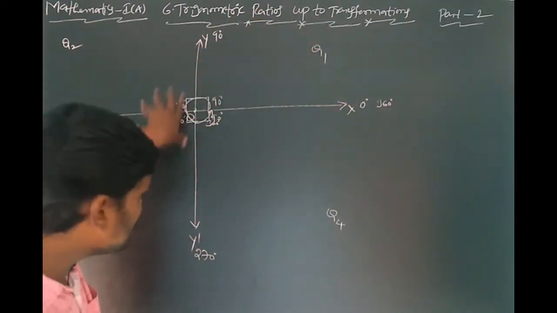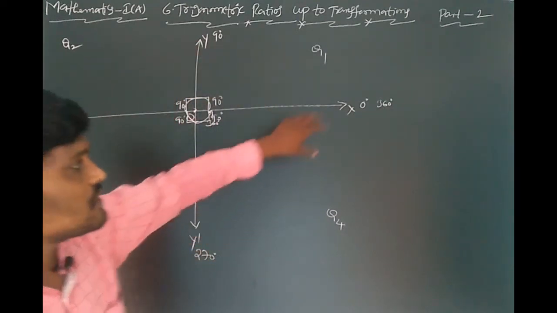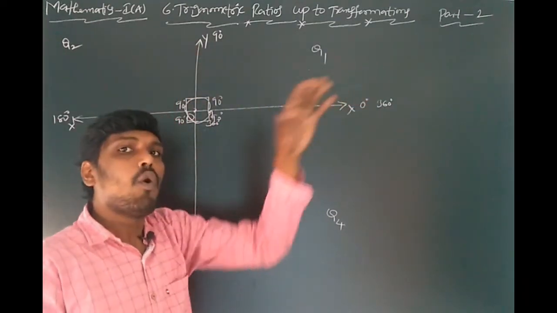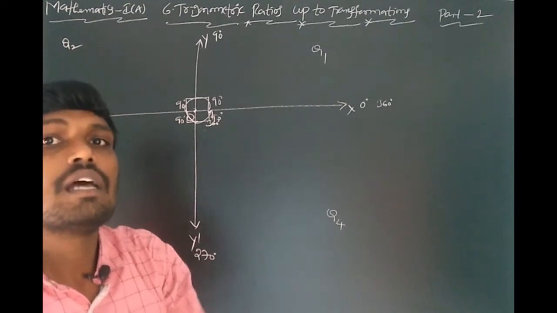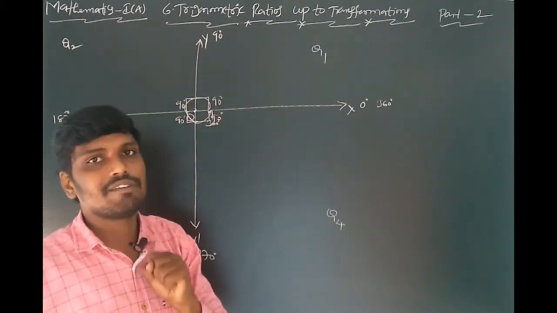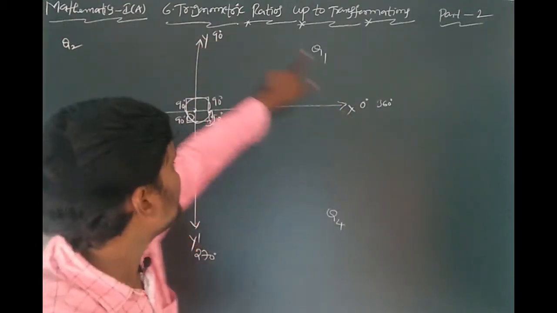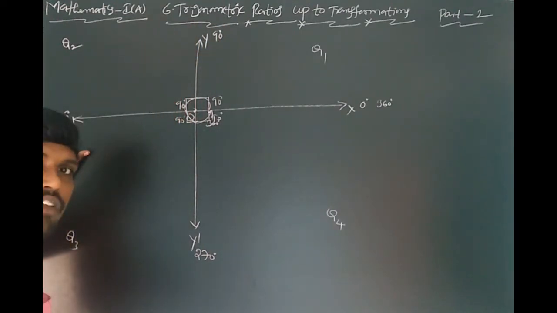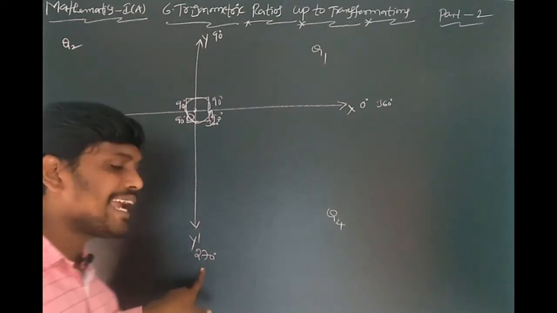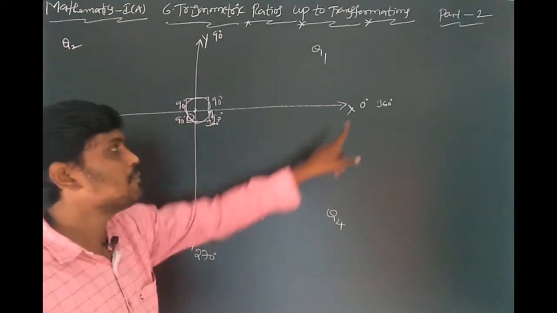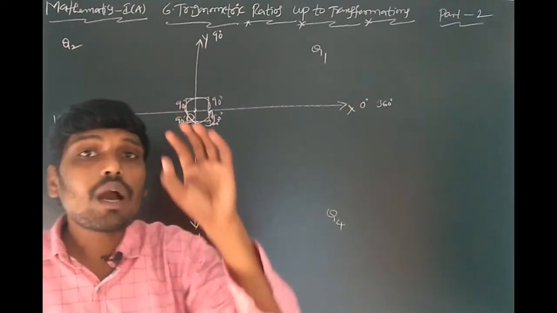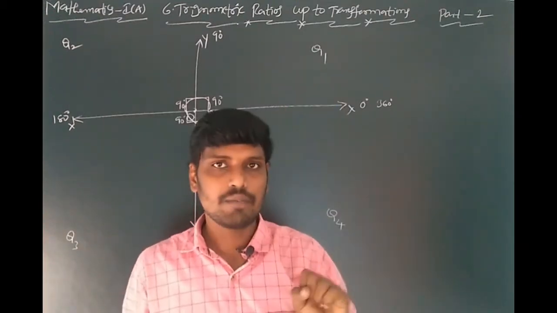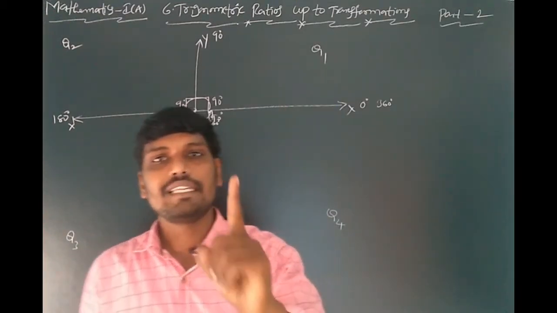One complete rotation is 360 degrees. With one more rotation we go to 360 plus 360, which is 720. That is 360 plus 90 is 450, 450 plus 90 is 540, 540 plus 90 is 630, and 630 plus 90 is 720. Two complete rotations make 720 degrees, and one complete rotation is 360 degrees.